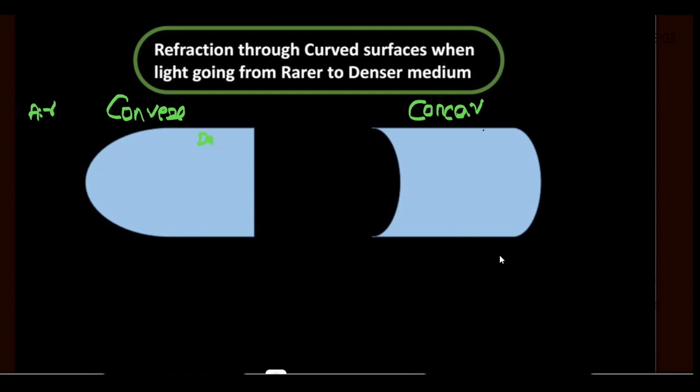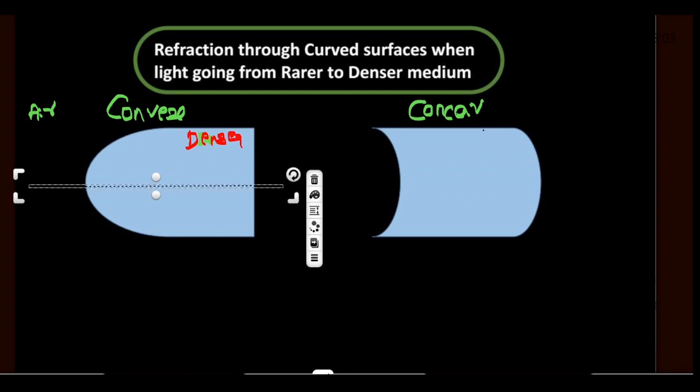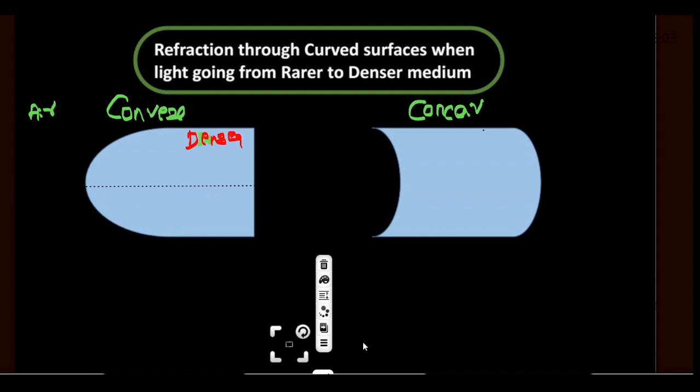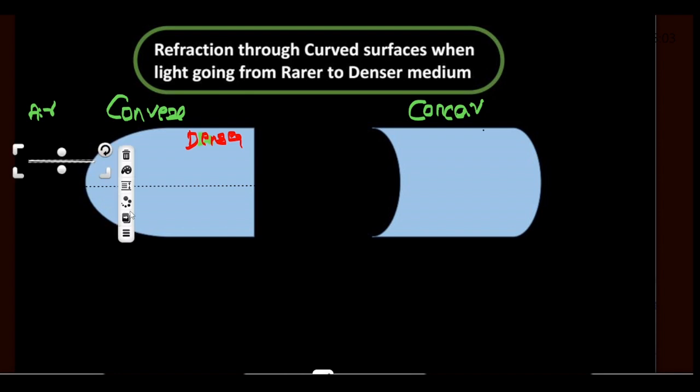So here I'm mentioning it is a denser medium. Now I'm drawing a perpendicular line, and the light ray is coming parallel to this line.